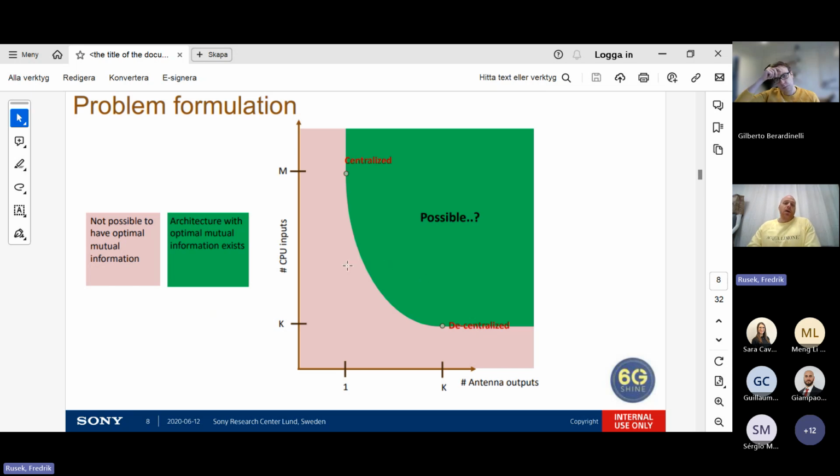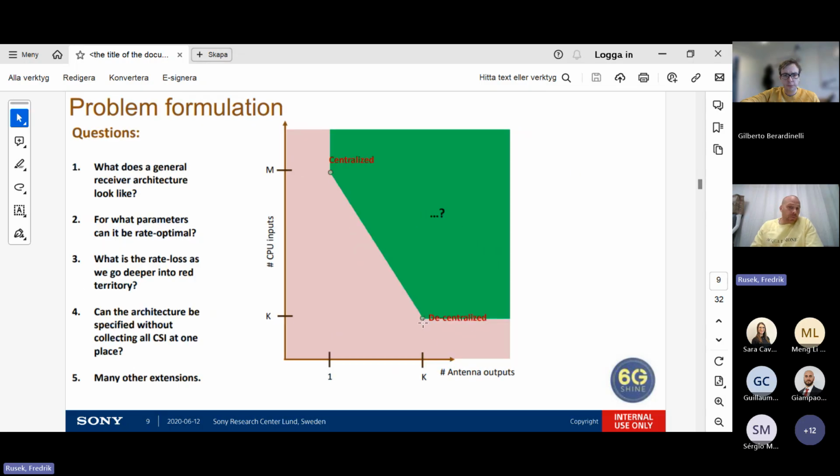It is a trade-off between how many inputs to my CPU I have and how many antenna outputs I have. And basically, we only know in advance two points. We know the normal receiver, or the standard architecture, where you are just passing on your observation. And we know this MRC receiver that is down here. But we don't know how this boundary looks. It could, for example, look like this.